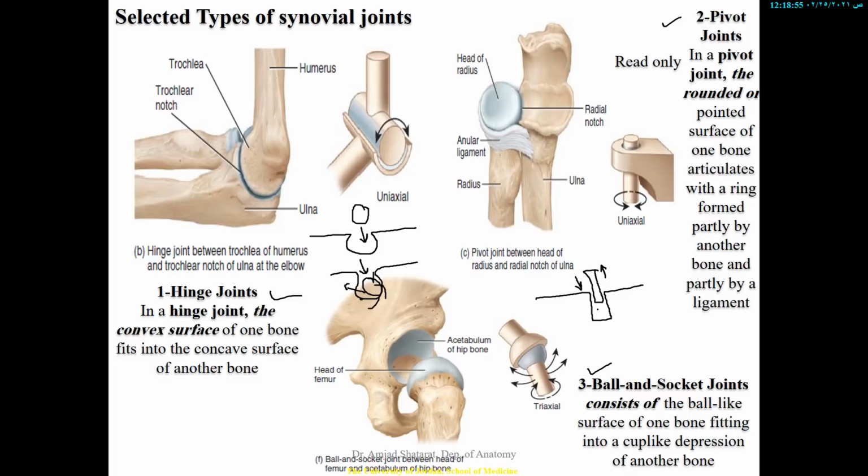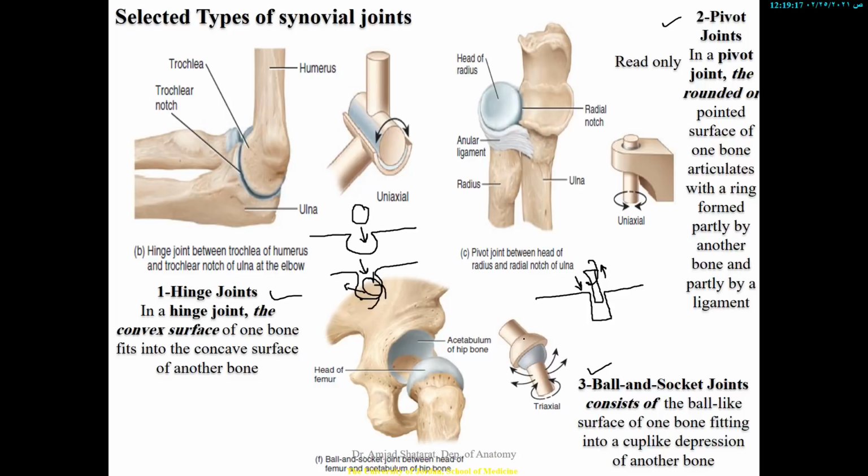Simply up and down. Rotation is not allowed. You will not be able to rotate this structure. Therefore, I think you got the message now. You understood that what really determines the movement of these structures is their shapes.